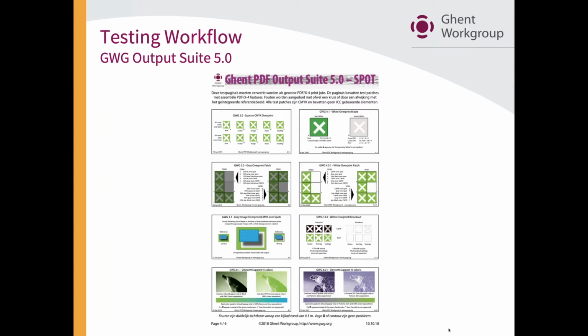Like Dave said, that's a future state, and there's a lot of work being done right now to provide testing for that. When we're talking about CMYK plus spots, or just spot processes, the tests are very complex, as your settings can be, because there is a lot of interpretation that happens.